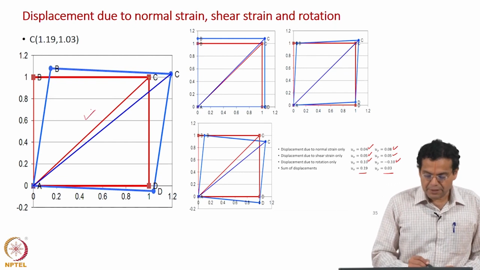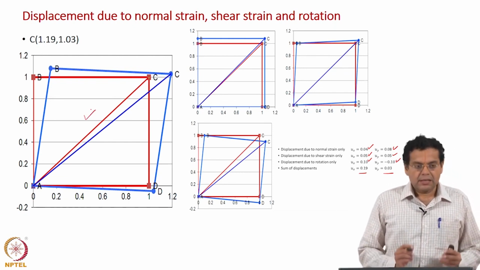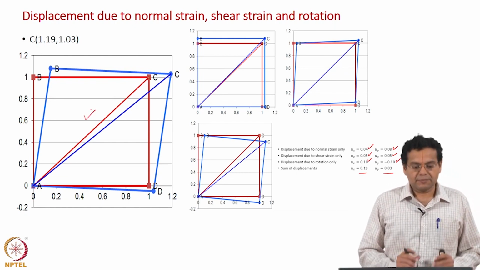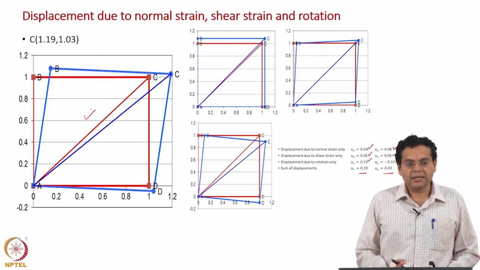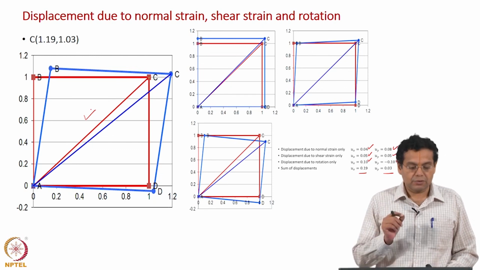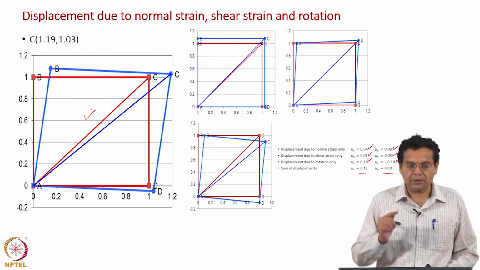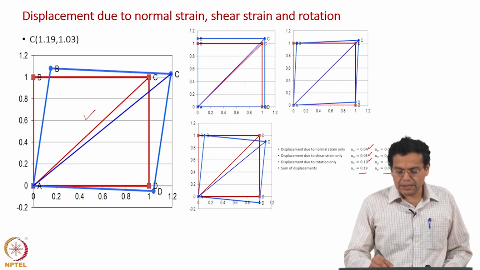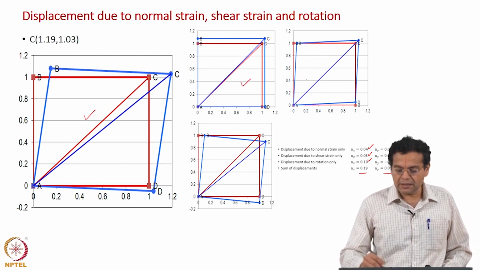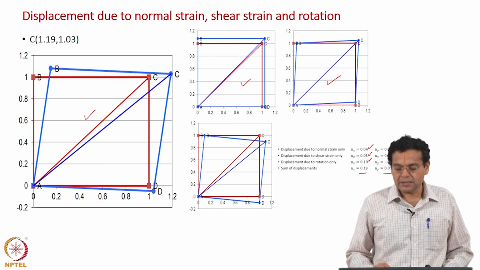This large figure has been obtained two times. First, by considering only total displacement in terms of partial derivatives, which is more mathematical. We got the coordinate of C as 1.19, 1.03. Now, these individual figures are considering normal strain only, shear strain only, rotation only.